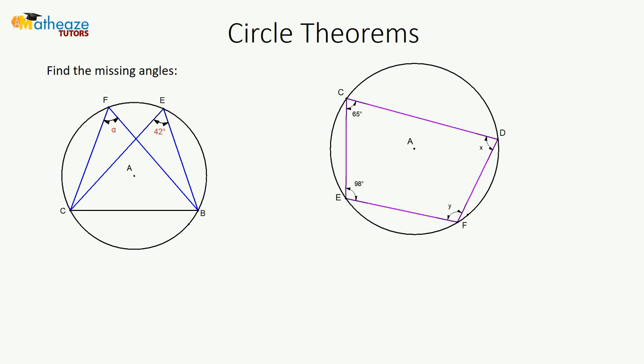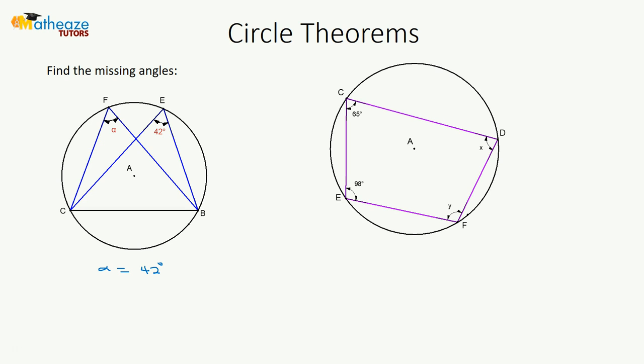So here in this diagram, we see the angles formed in the same segment are equal when they're formed at the circumference of the circle. So that alpha is going to be equal to 42 degrees.